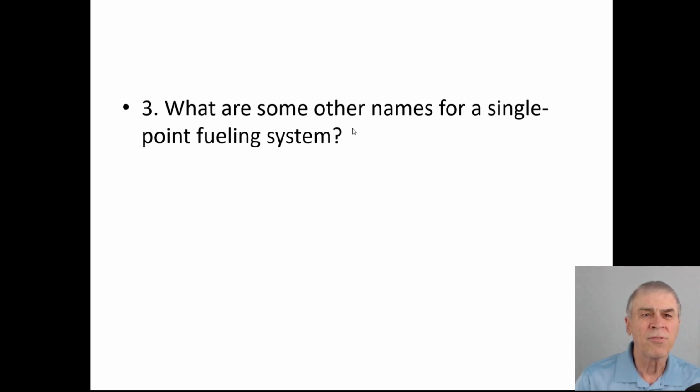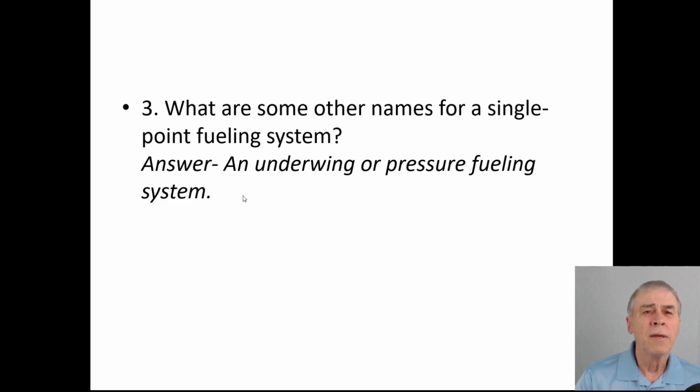It is under the wing, but it's not on the bottom of the wing. It's at a different part of the aircraft. It's actually even under the fuselage. Underwing or pressure fueling system. Sorry, I got a little carried away on that one. So our first 2 answers are plenty.